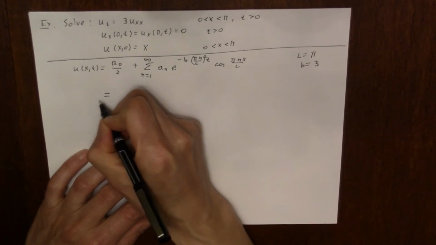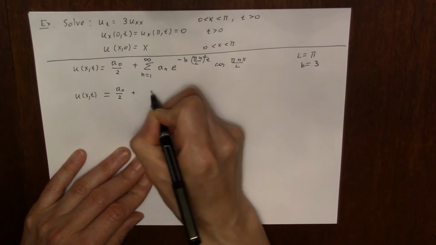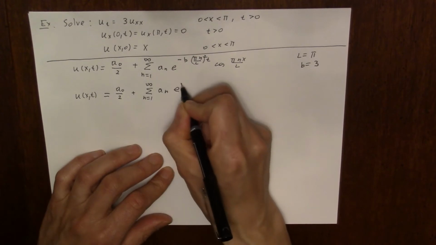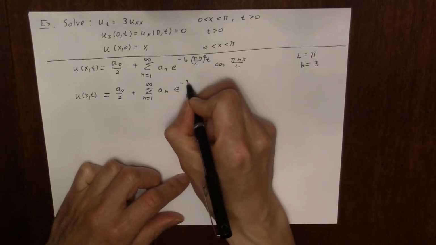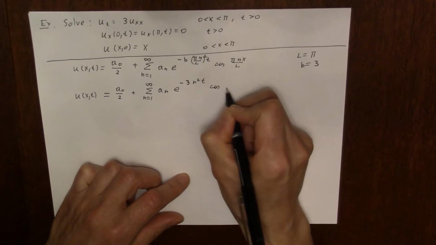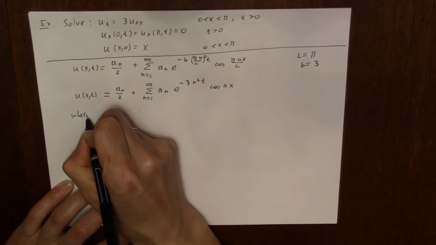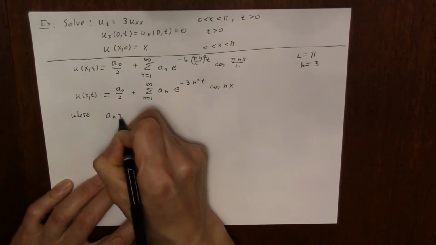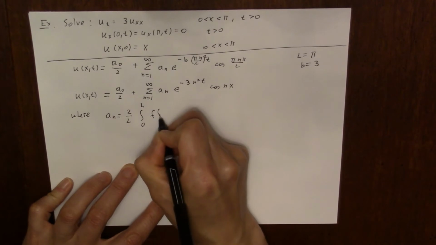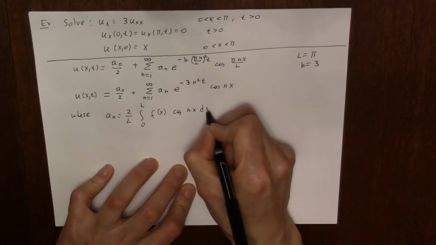So we're going to get u of x, t equals a0 over 2 plus the sum n from 1 to infinity of a_n e to the negative 3 n squared t, cosine n x, where to find a_n, we're going to do 2 over l, integral from 0 to l, f of x cosine of nx dx.